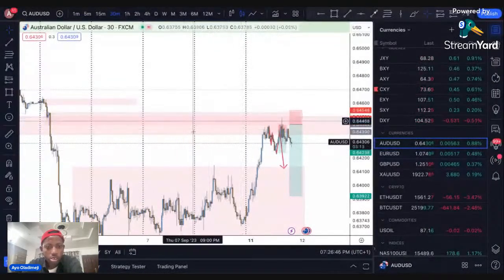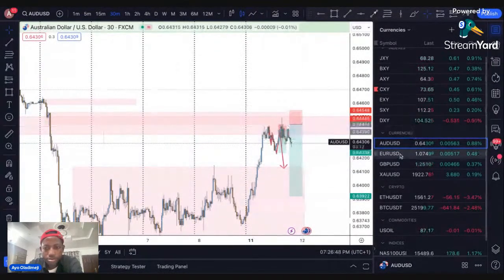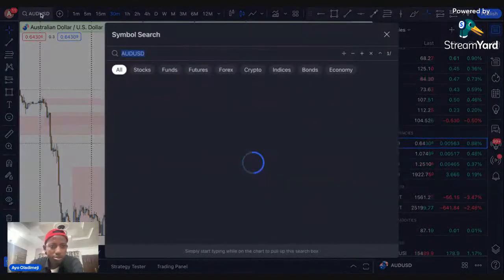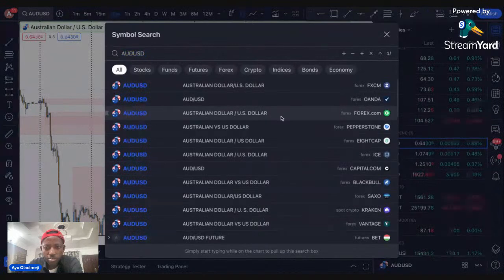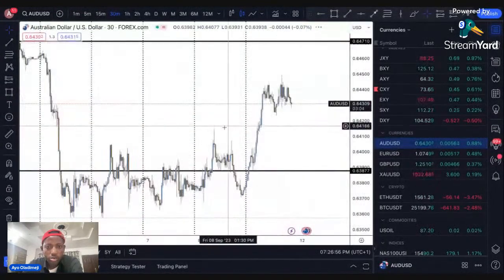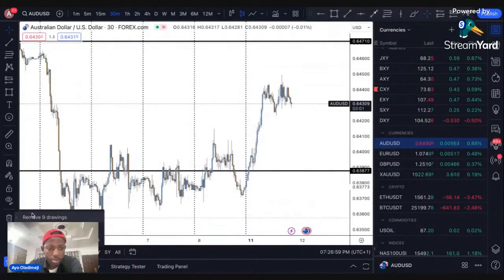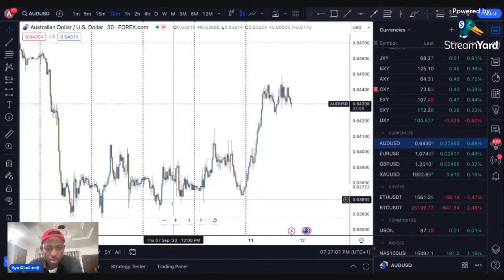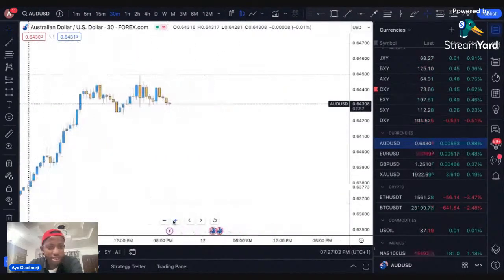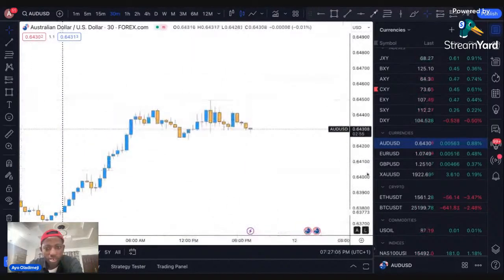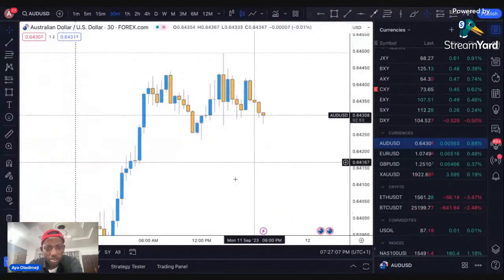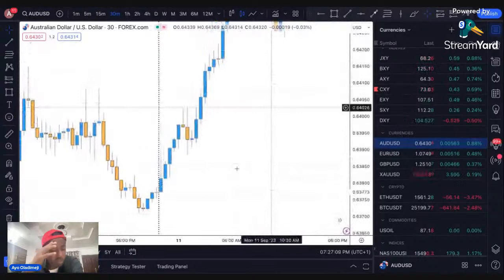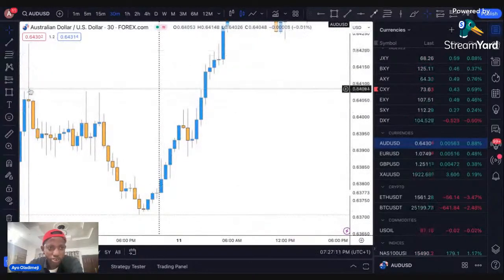So, what you see here, ladies and gentlemen, are candlesticks. These are different candlesticks. Now, let's pay attention to this one here.